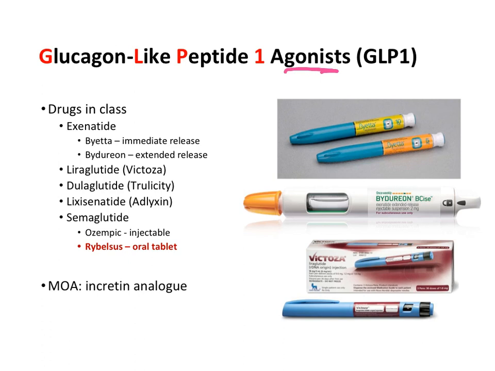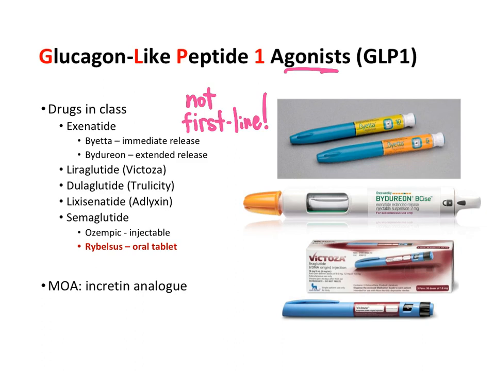So if we were following our algorithm on advancing therapy for patients who are not at goal, these would definitely not be first-line therapy. We would not start to use these GLP-1s for quite some time into therapy, and they really wouldn't be used alone. Two things of note here.